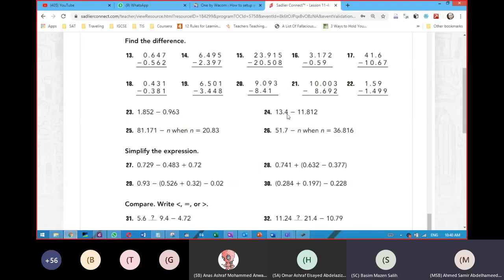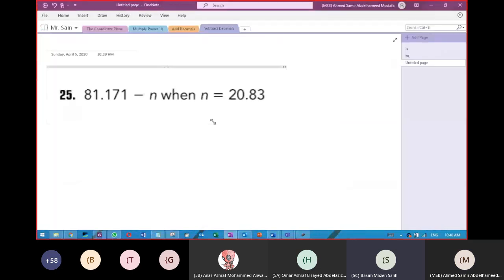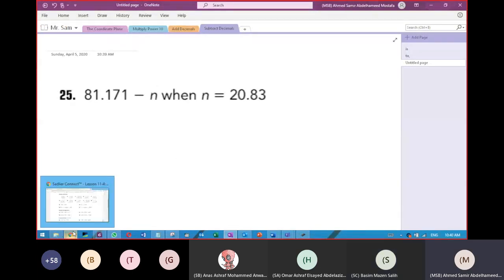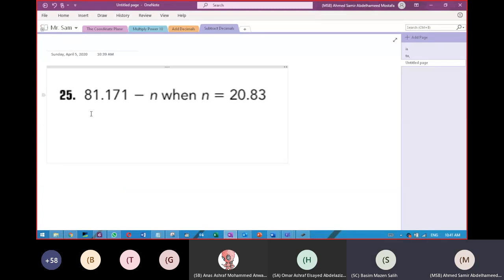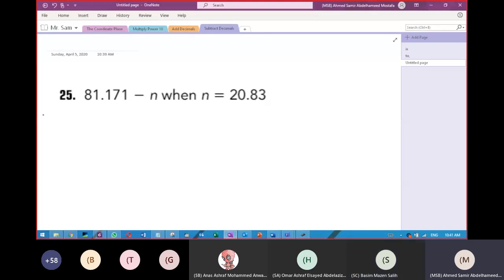Okay, we're doing number 25 now. All right, so let's see here. Kareem, are you there? Yes. Okay, let's see about this one. We have here 81.171 thousandths minus n, when n is equal to 20.83 hundredths.